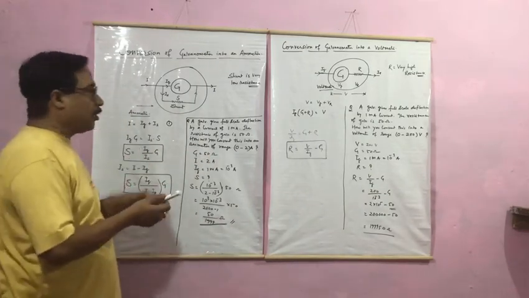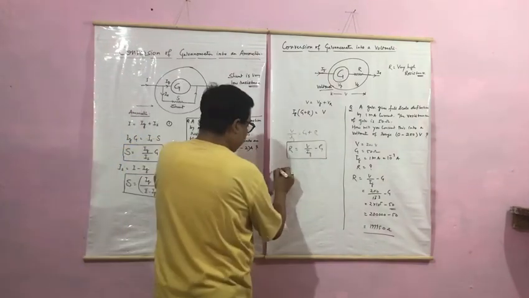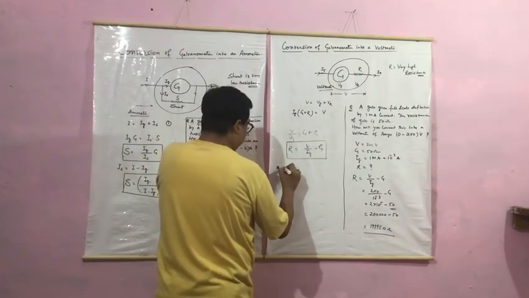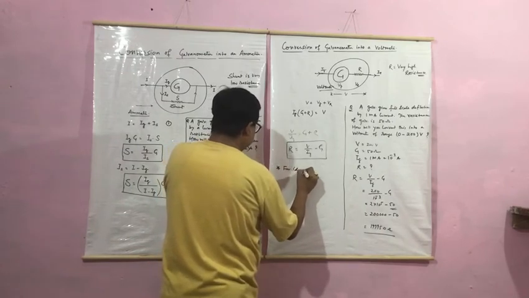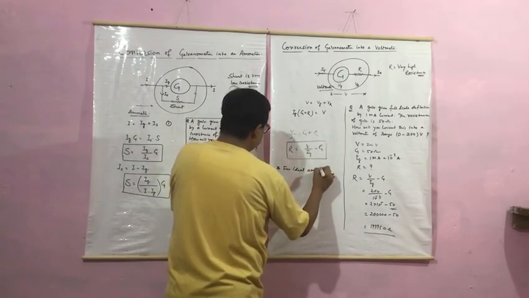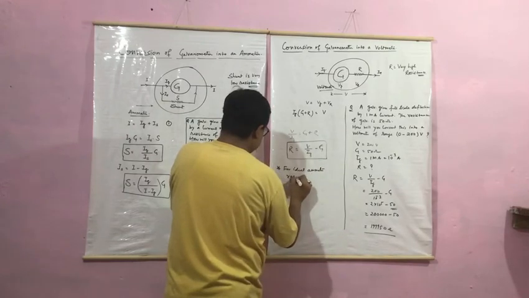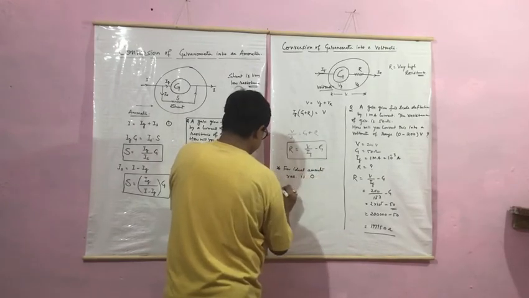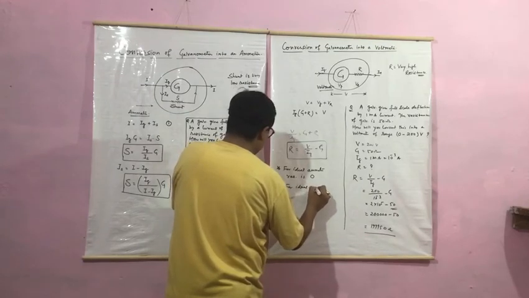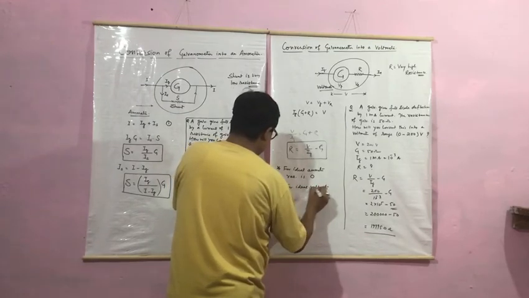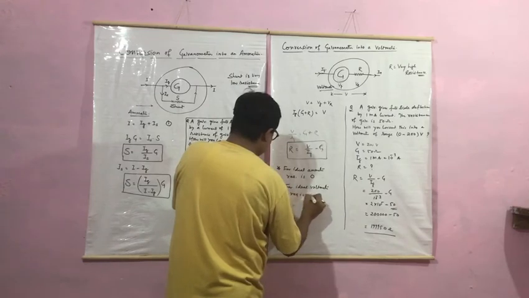We all have to remember two star points always. For an ideal ammeter, resistance is 0. For an ideal voltmeter, resistance is infinite.